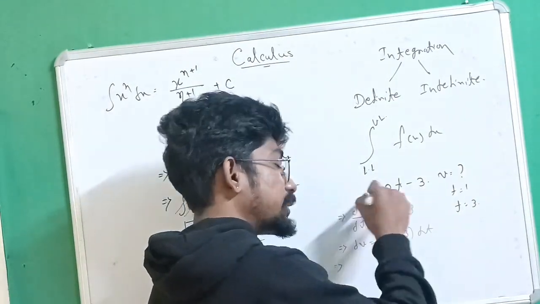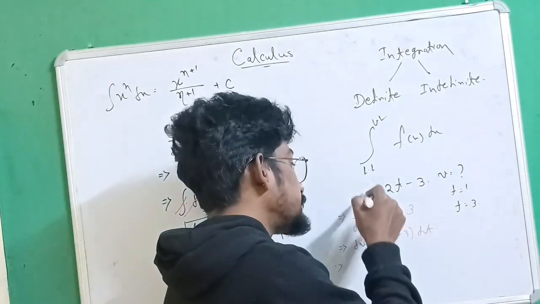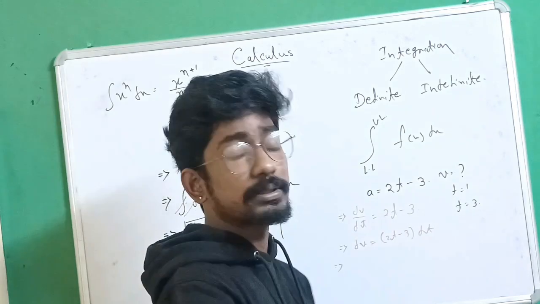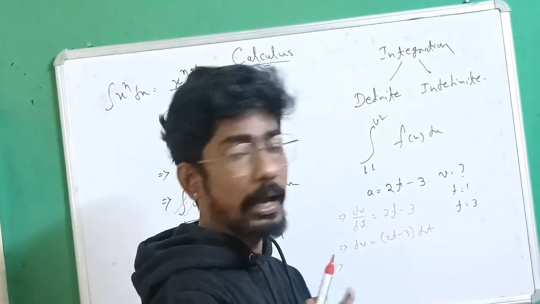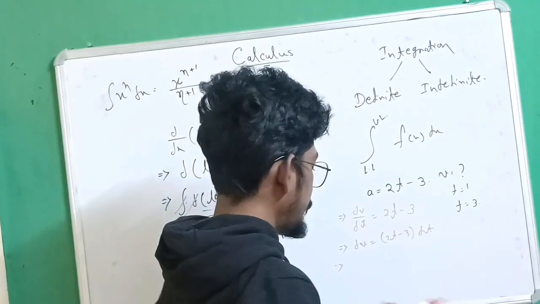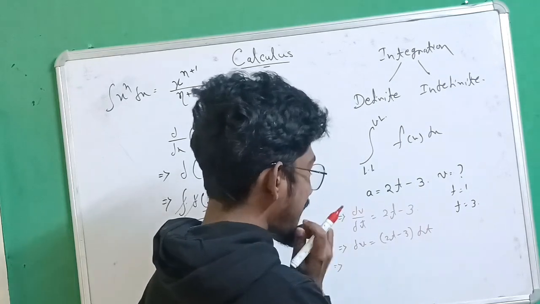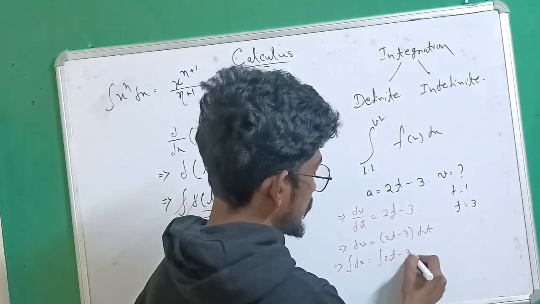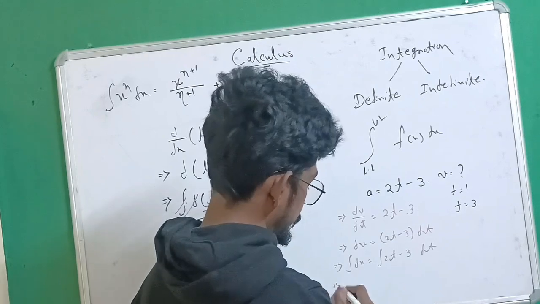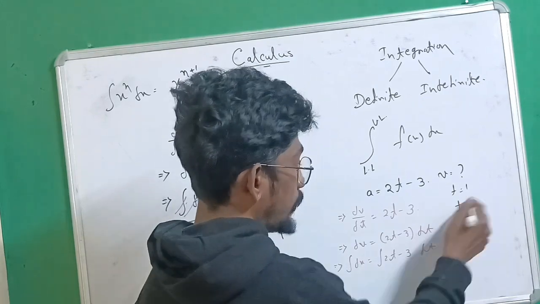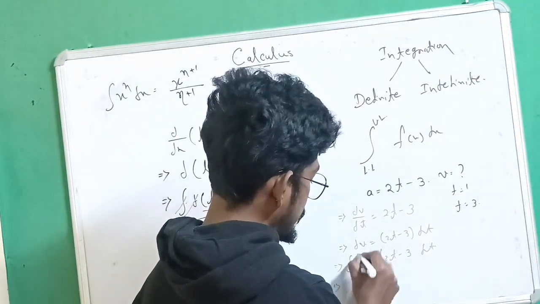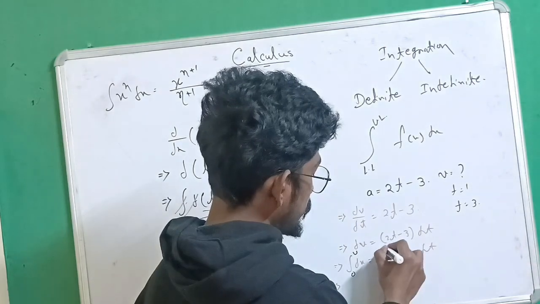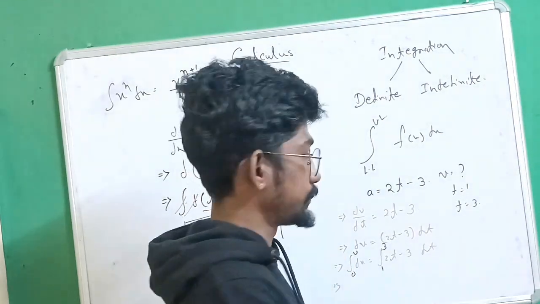Differentiation of velocity gives us acceleration, so integration of acceleration will give us velocity. Opposite, right? So take integration of dv, we'll get integration of (2t minus 3) dt. Now put the values here: 0 to v will be there and 1 to 3 will be there. Time 1 to 3.